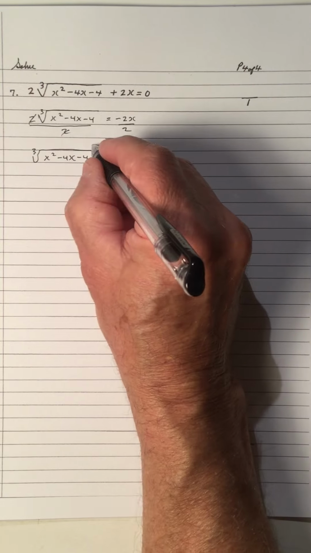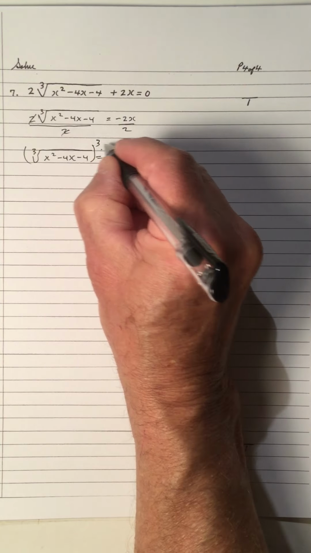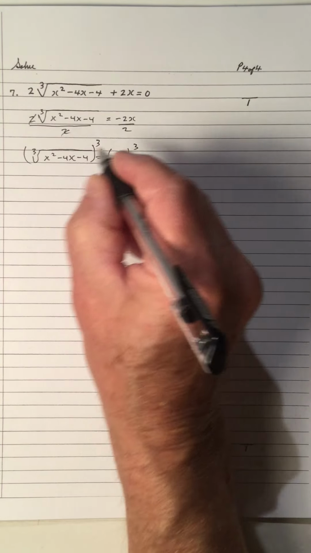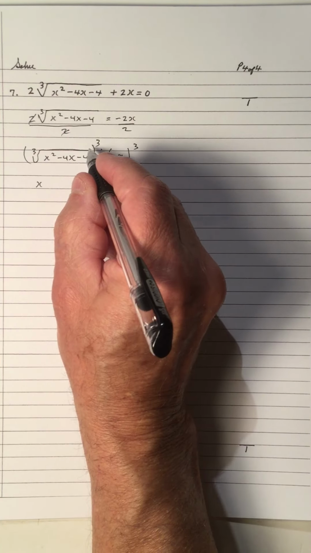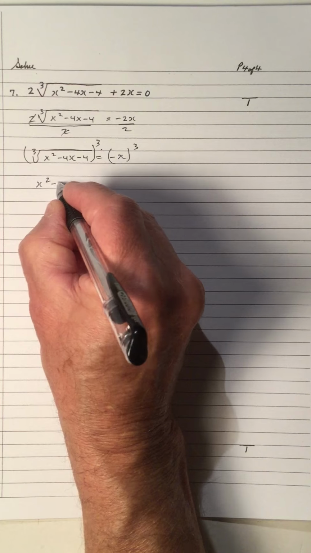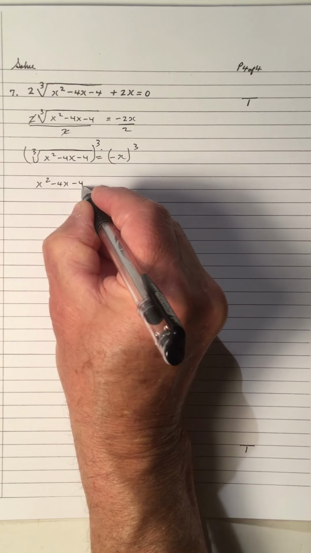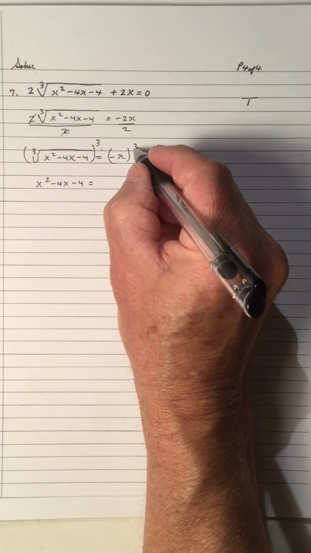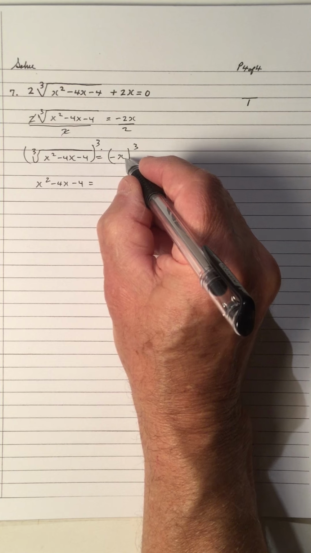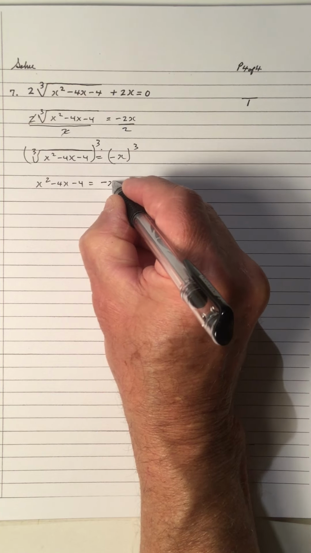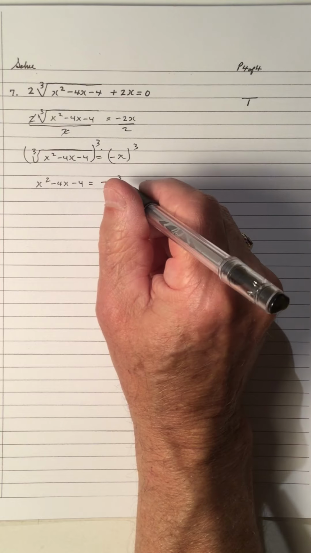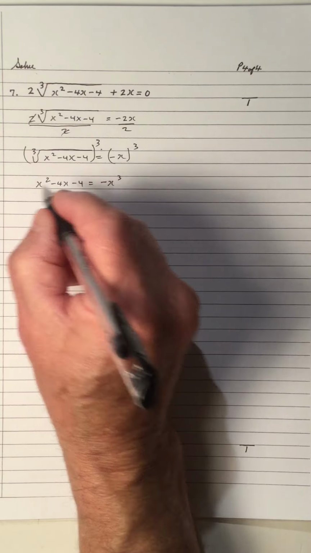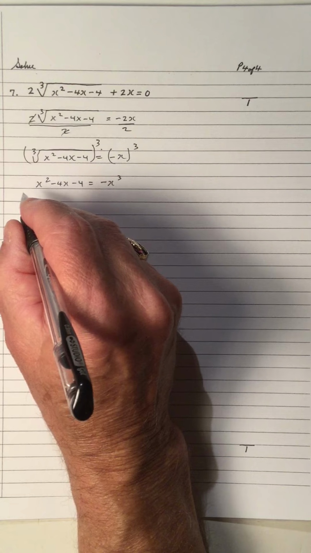The root is isolated, so I'll cube both sides. And again, when you cube, the cube root of a cube is the expression underneath the root. And a negative x times negative x times negative x is a negative x cubed. We have x's, so we have to move the x's all to the left side.